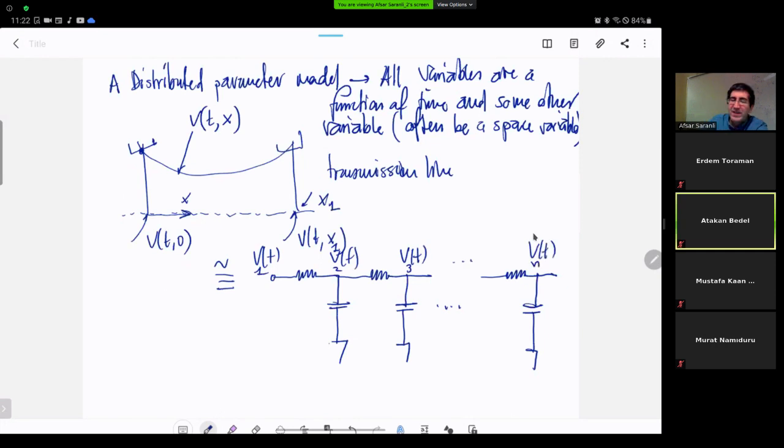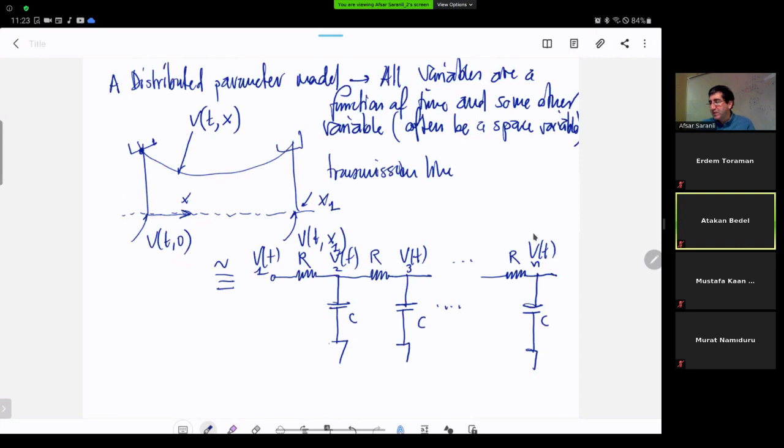So instead of having a continuously varying voltage across space, you can approximate that with a large number of lumped parameter variables. So that you have identical C's here, identical R's, and maybe even non-identical variables as well for the model.